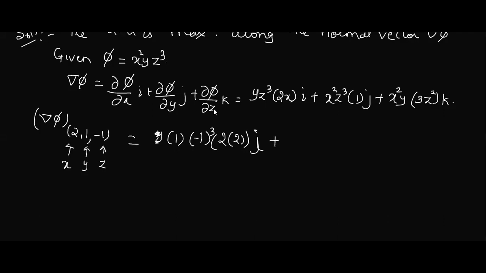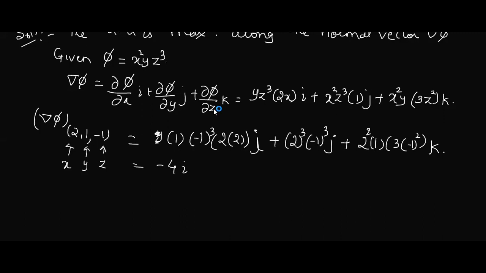Then x is 2 cube, z is -1 cube into j, plus x square, so it is 2 square, y is 1, 3 into z is -1 square. What is the answer for this? Just check. This is minus 2 twos are 4, so minus 4i?